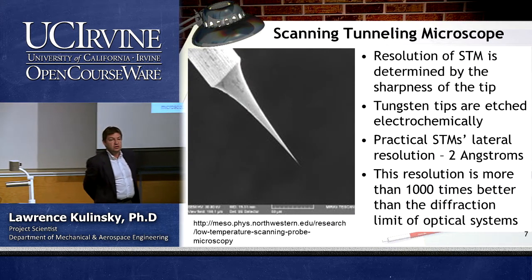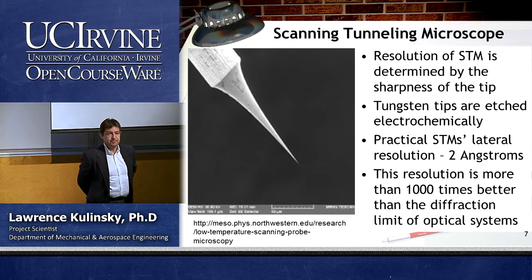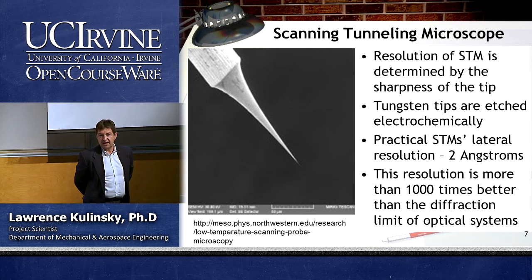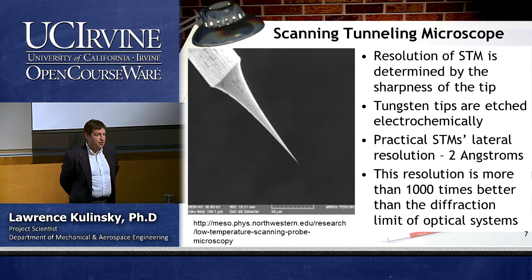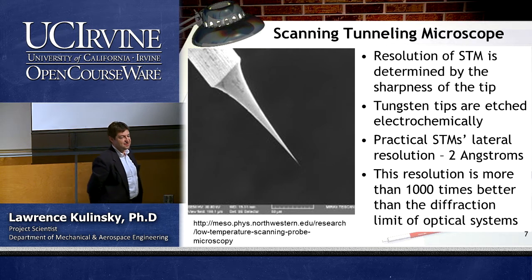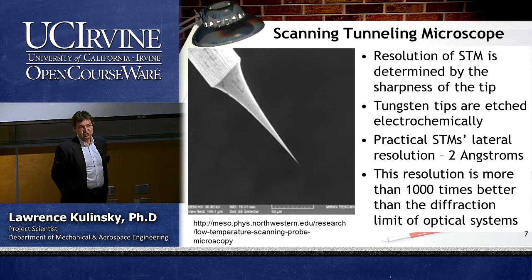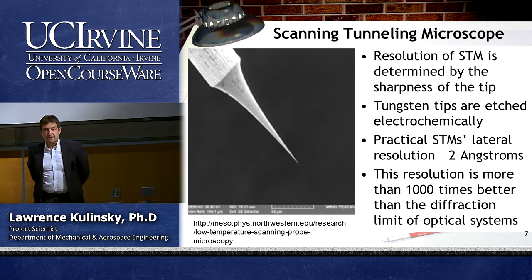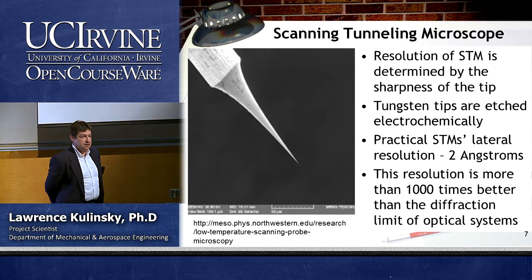So the key to all this technique is to have a very, very sharp tip of your probe. Okay? Basically down to a single atom. It's very difficult to sharpen something down to a single atom, but there are some techniques. One technique is electrochemical etching. The ability to etch materials helps us with the selection of probe tip.